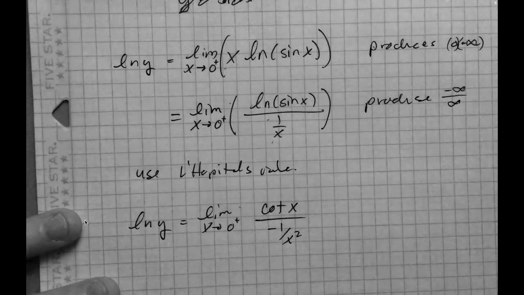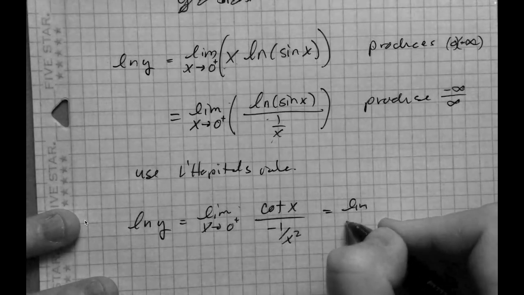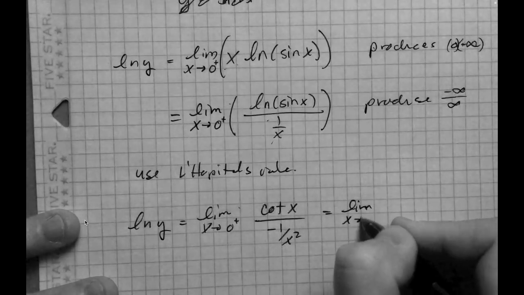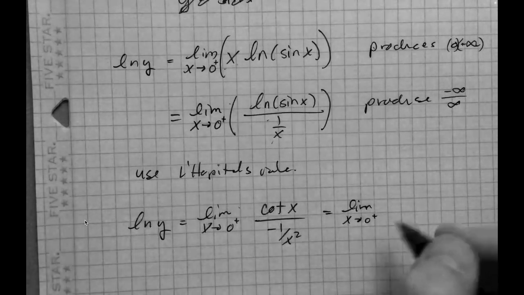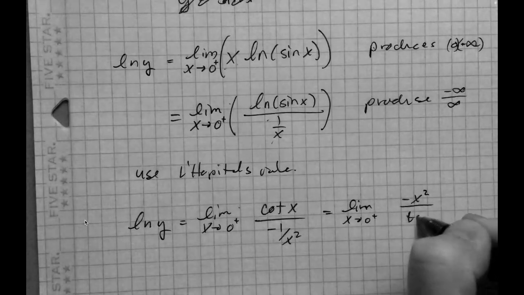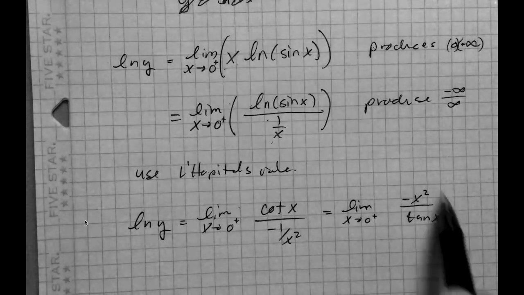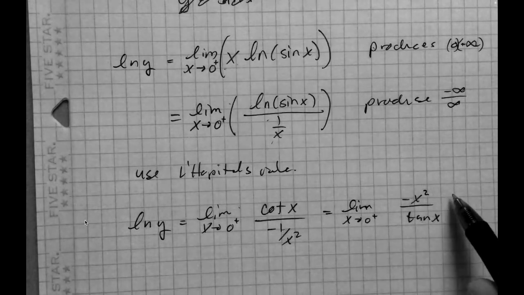We can clean this up: the limit as x approaches 0 from the right of negative x squared up top, and cotangent is the same as 1 over tangent, so make this a tangent.